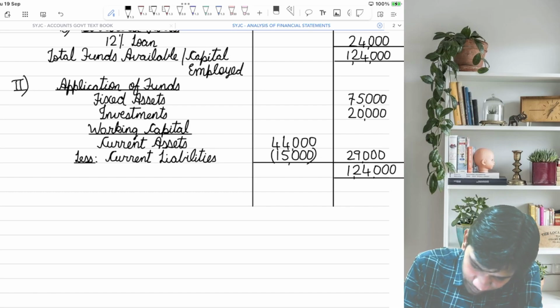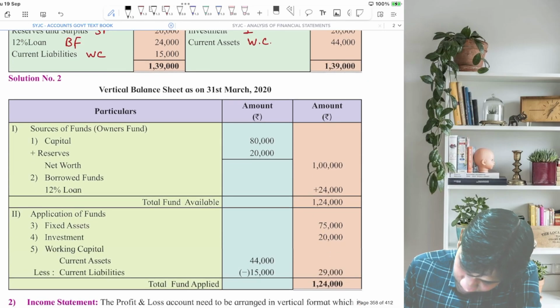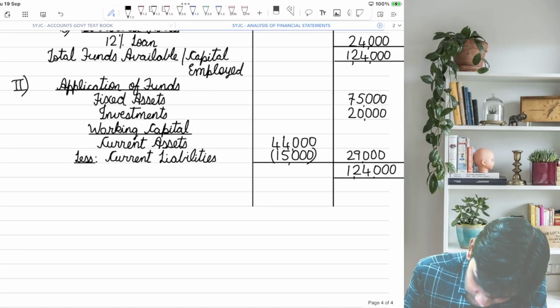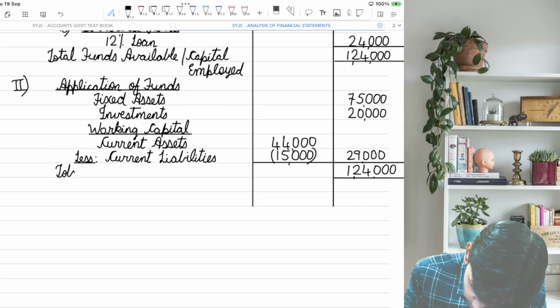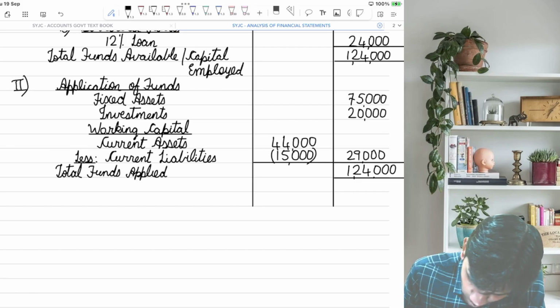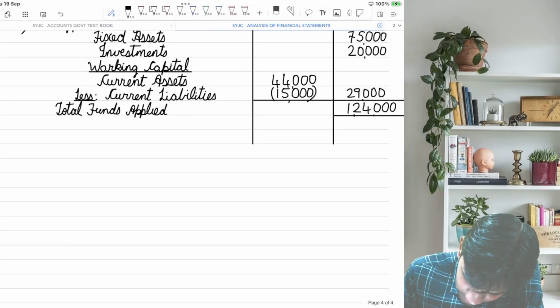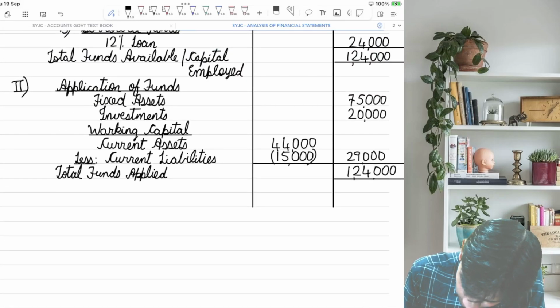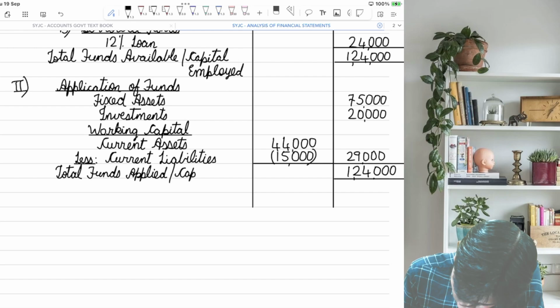That's it. We'll say this is total funds applied, or you can say capital employed.